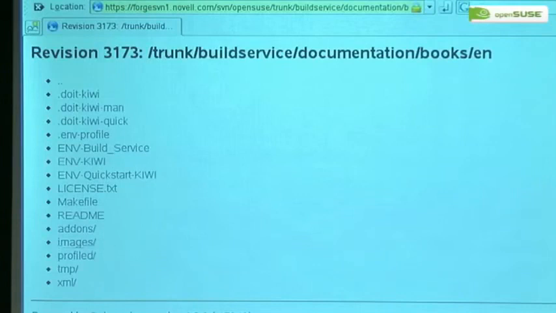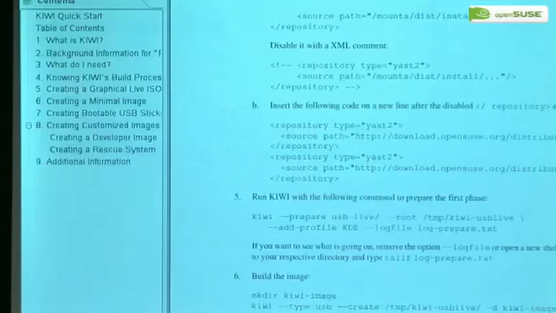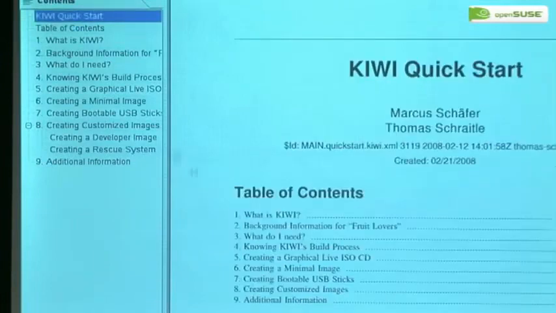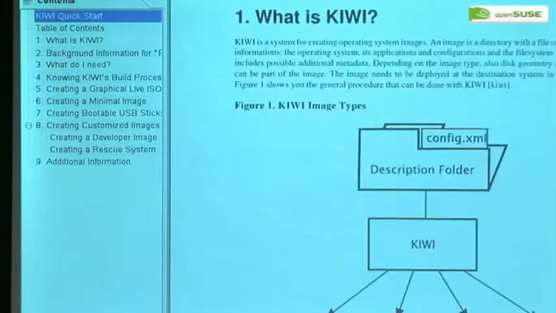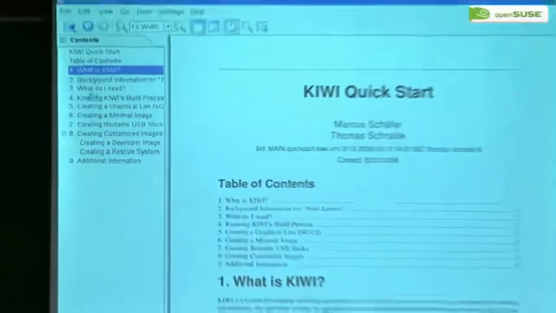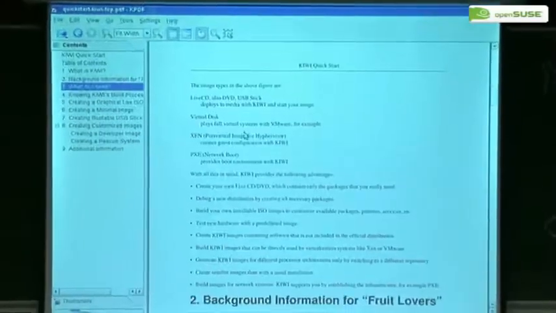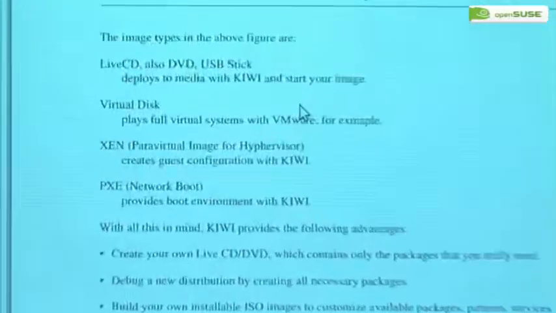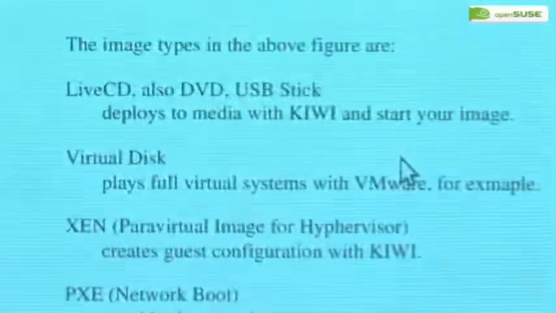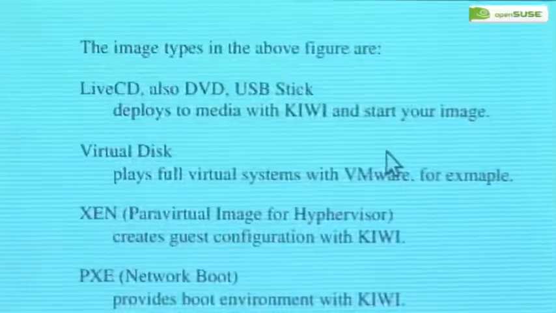And you can take a look at the quick start because of course I have a compiled version with me, and it's really an autodidactic way, because it doesn't start with technical details. It starts with what Kiwi is, and what you need. It tells what packages you have to install when you want to make ISO images. When you want to make USB images, there are different sub-packages.